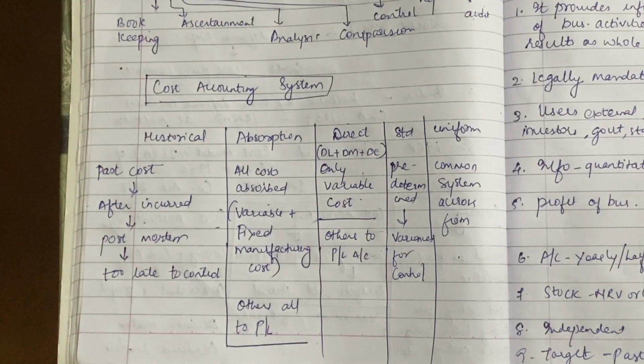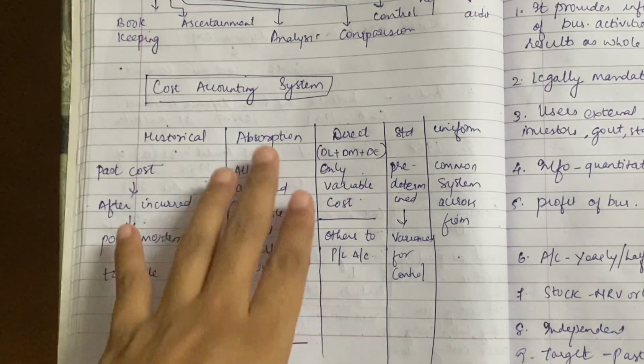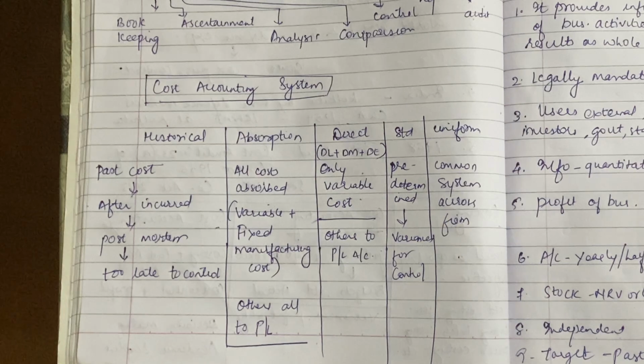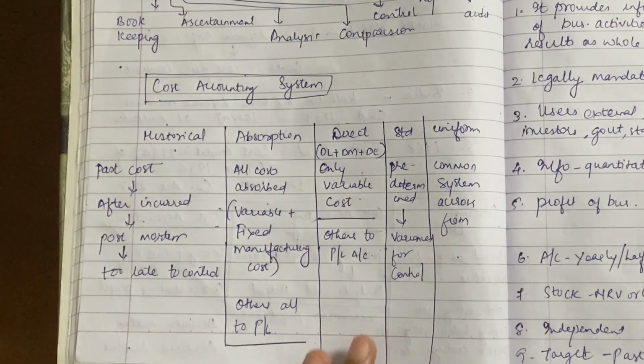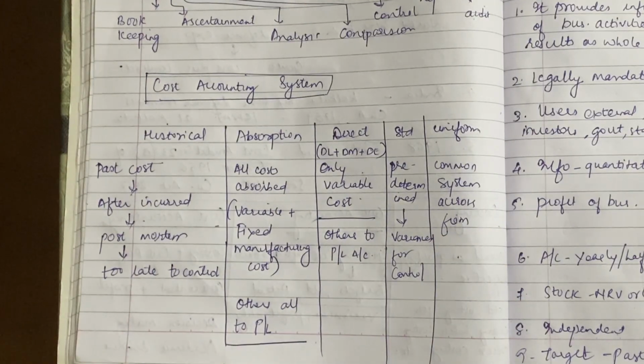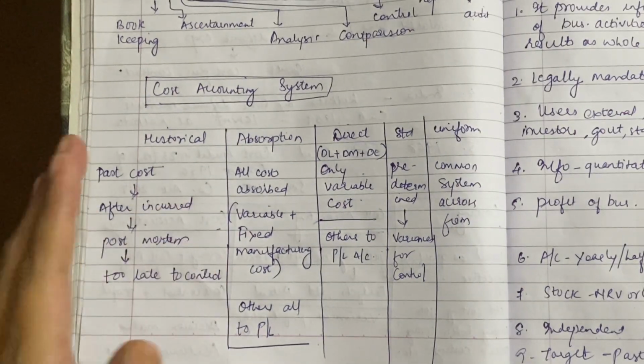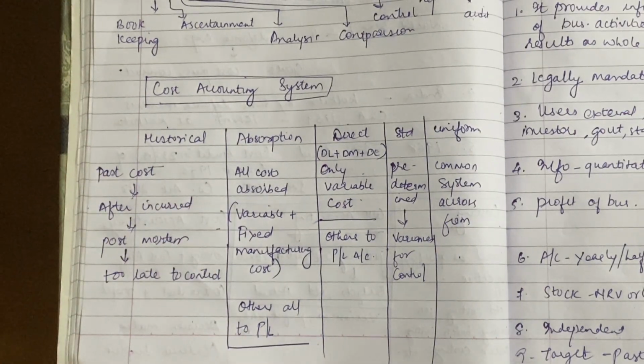Now in this first module, first part, we have cost accounting system types. What all systems could be followed? There are about 5 systems. The first is the historical cost accounting system, historical costing. History refers to past cost. In this system, the costs are ascertained once they are incurred. So it's like past.